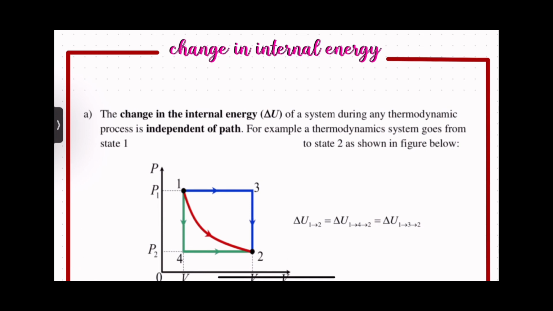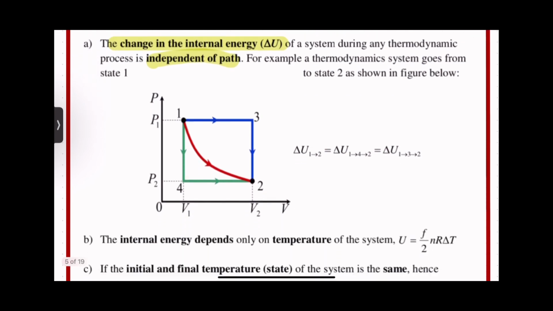Okay, change in internal energy. The change in internal energy, which we call delta U, for a system during any thermodynamic process is independent of path. For example, the thermodynamic system goes from state 1 to state 2 as shown in the figure below.